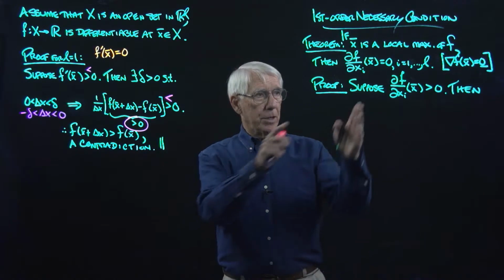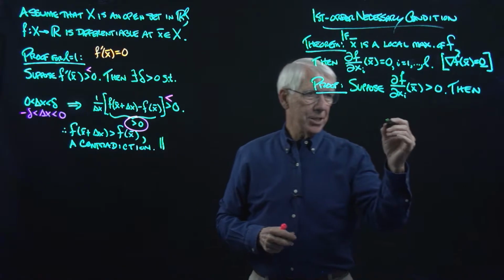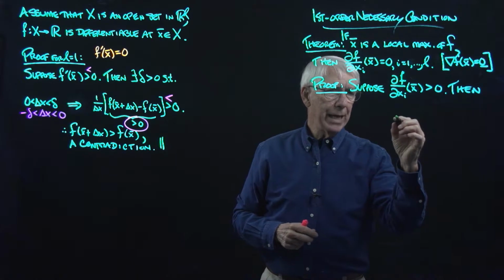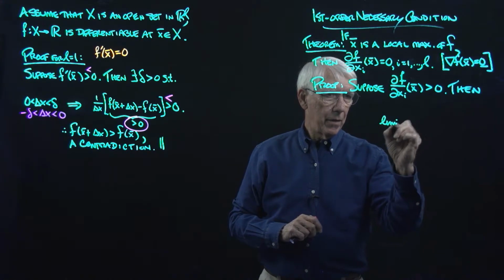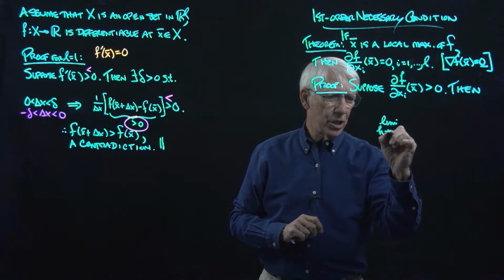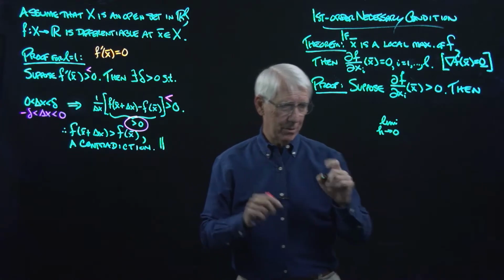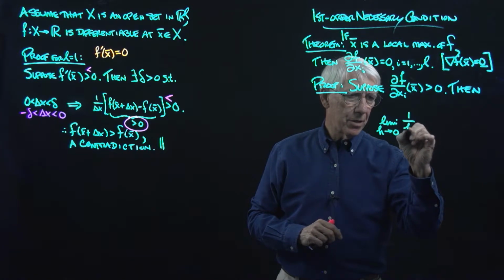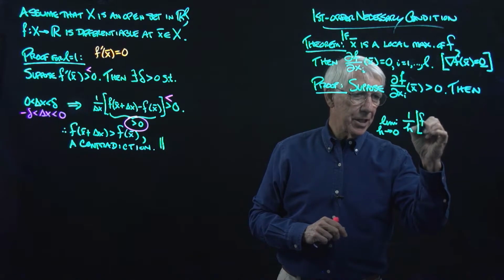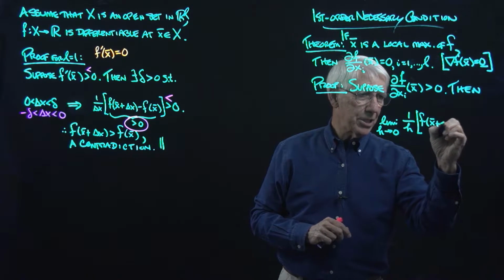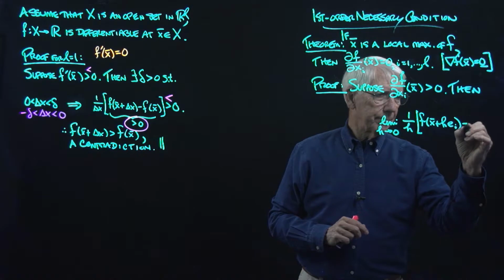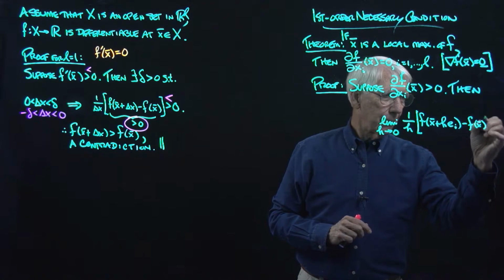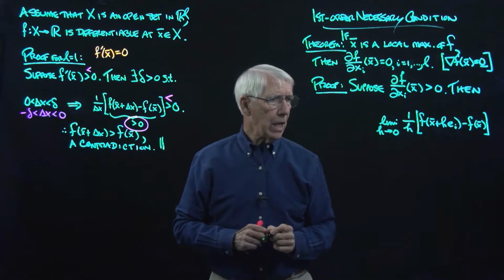Well, what's the definition of the partial derivative? Let's write this down just like we did over here. It's the limit as h goes to 0 of [f of x bar plus h times the ith unit vector, minus f of x bar, over h].